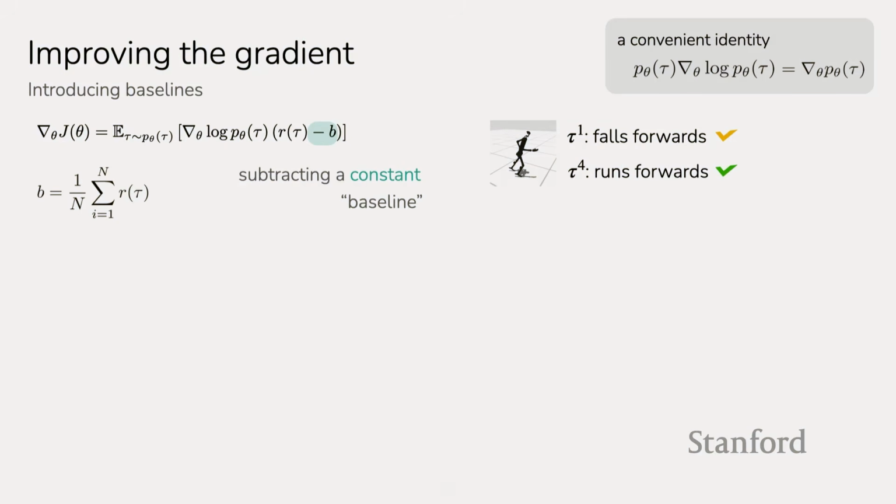We can see what effect this has on the gradient. We can show that if you subtract a constant, in expectation, this has zero effect on the gradient.